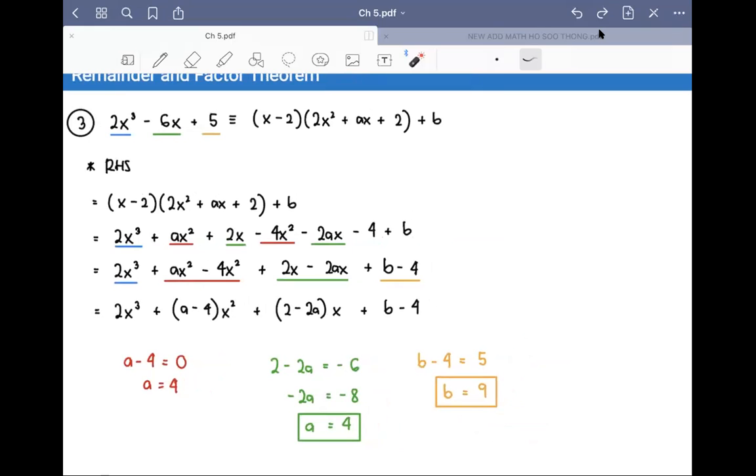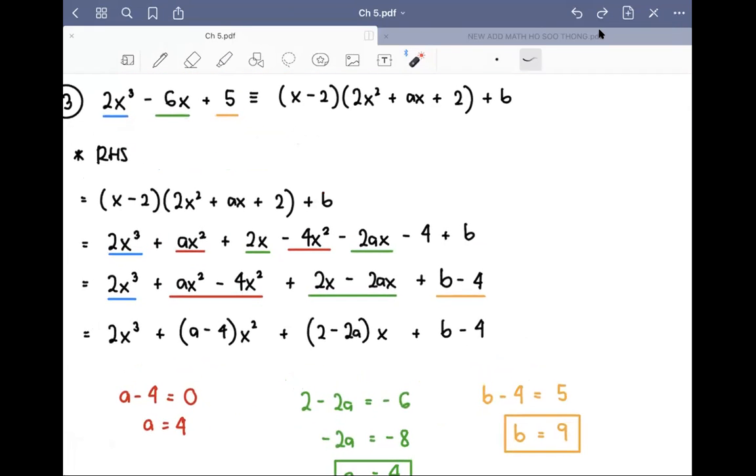Again, there are two ways of answering a for this question. If the term is not here, that means it's equal to 0. So again, class, we are just comparing coefficients, the coefficients of each term.